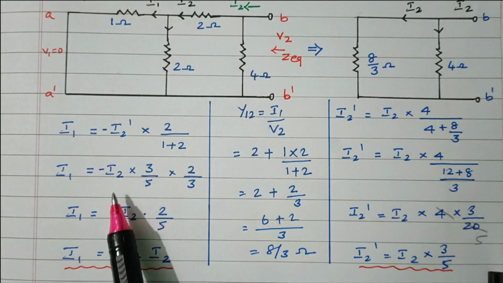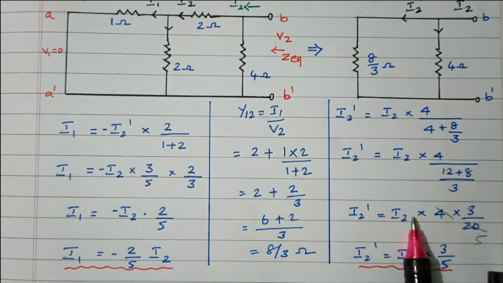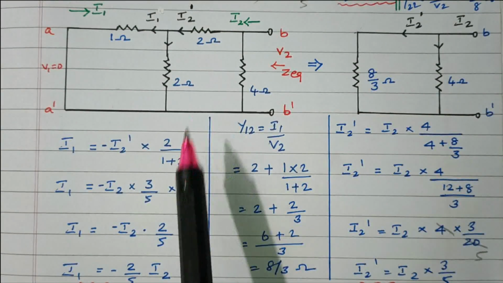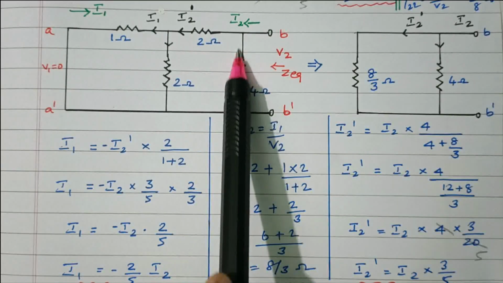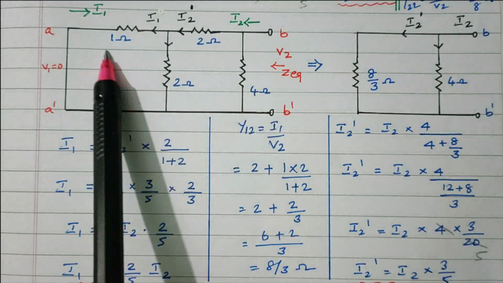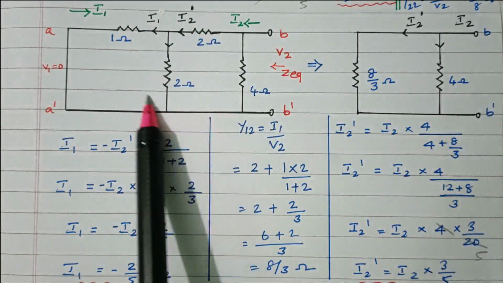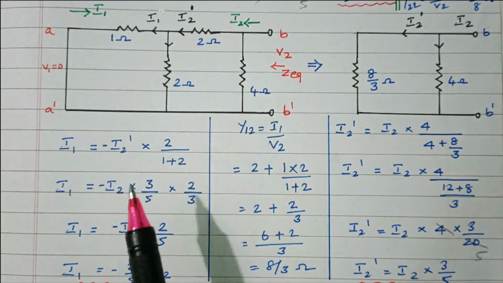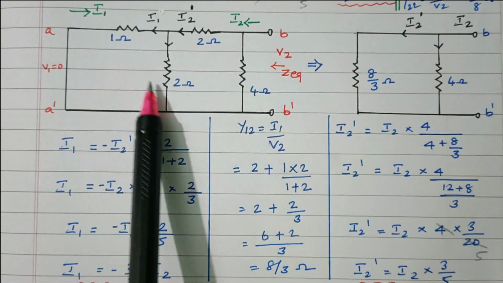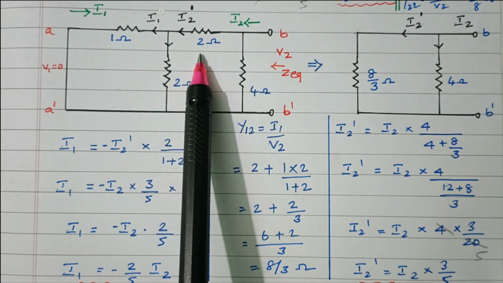Now this I2 dash is replaced by I2. Another calculation is available here. Now we need to find the current through this 2 ohm and 4 ohm. For that we find the equivalent resistance of these three resistors. This 1 ohm and 2 ohm are in parallel, and that is in series with the 2 ohm.